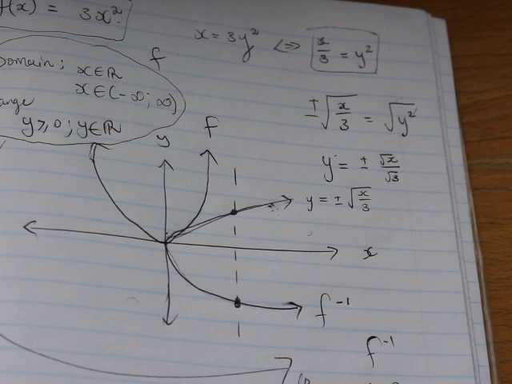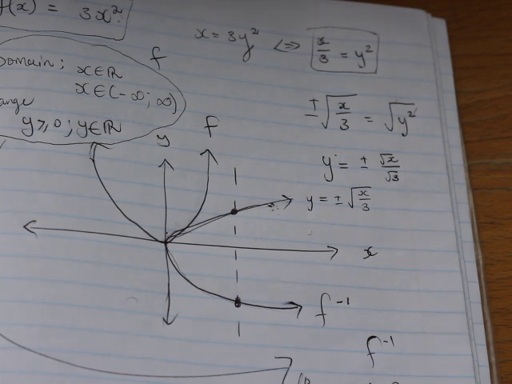Because we've all agreed that the inverse of a quadratic function is not a function. Now, how can we restrict the range in such a way that it becomes a function? Because remember, really the problem is with the range.